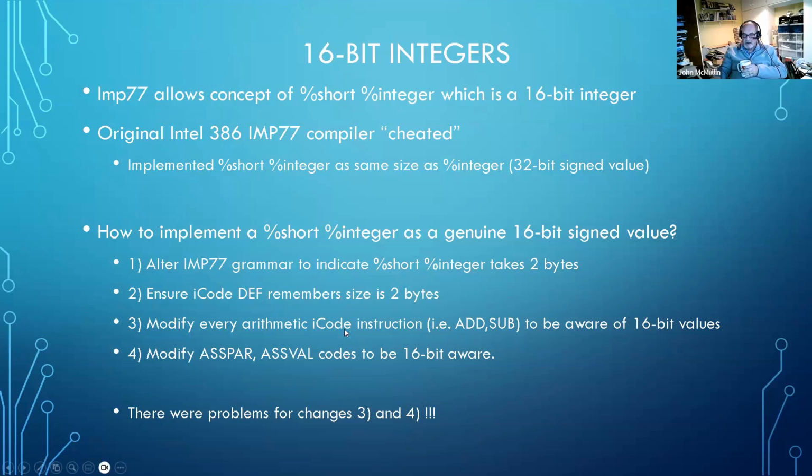And then the long, hard struggle of going through and making sure that every arithmetic ICode instruction, i.e. the add and sub, would generate appropriate code sequences for 16-bit values. And then you have more basically assignment codes to be 16-bit aware. And as you can see, I did have problems with stage 3 and stage 4.